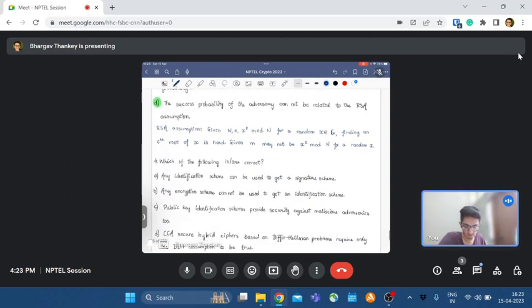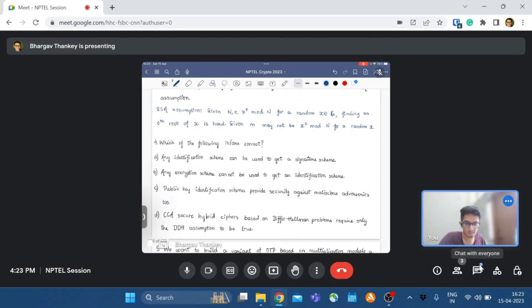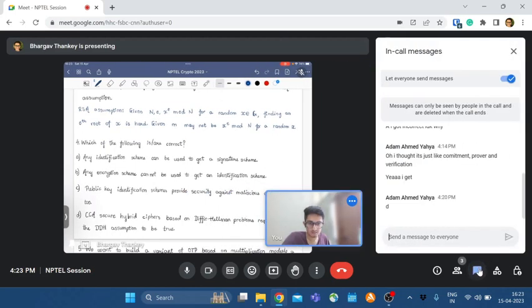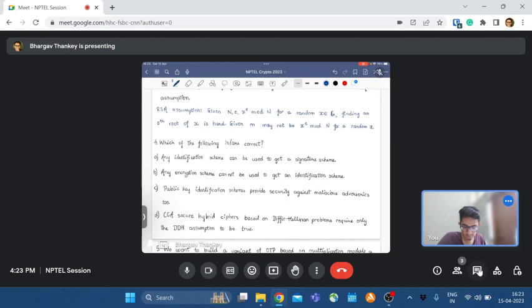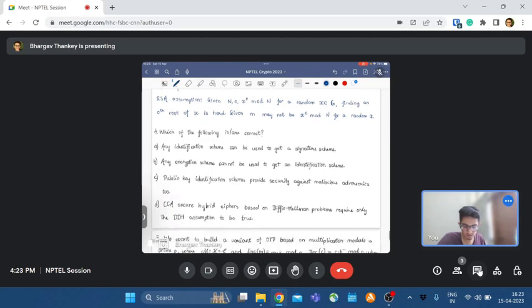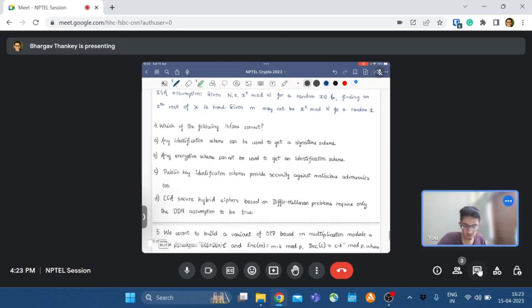Okay, so let's move to the next problem. The next problem is which of the following is or are correct? The options are: A, any identification scheme can be used to get a signature scheme. Option B is any encryption scheme cannot be used to get an identification scheme.